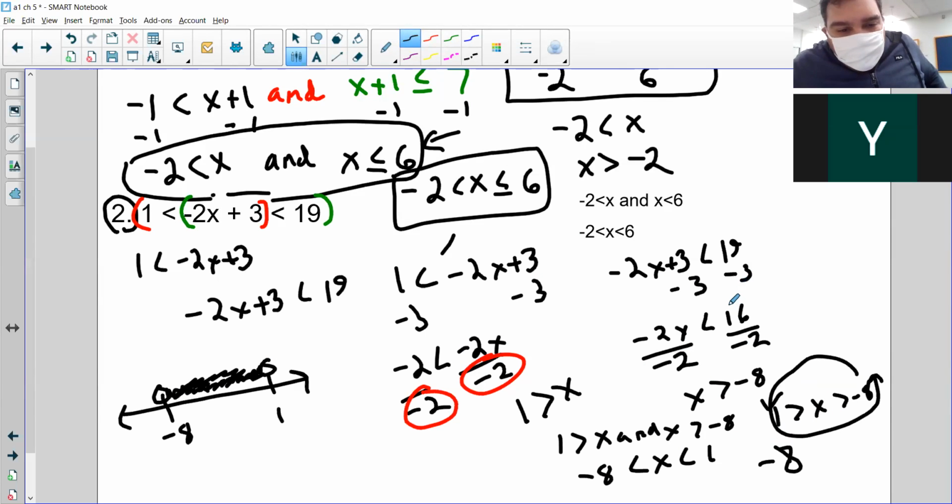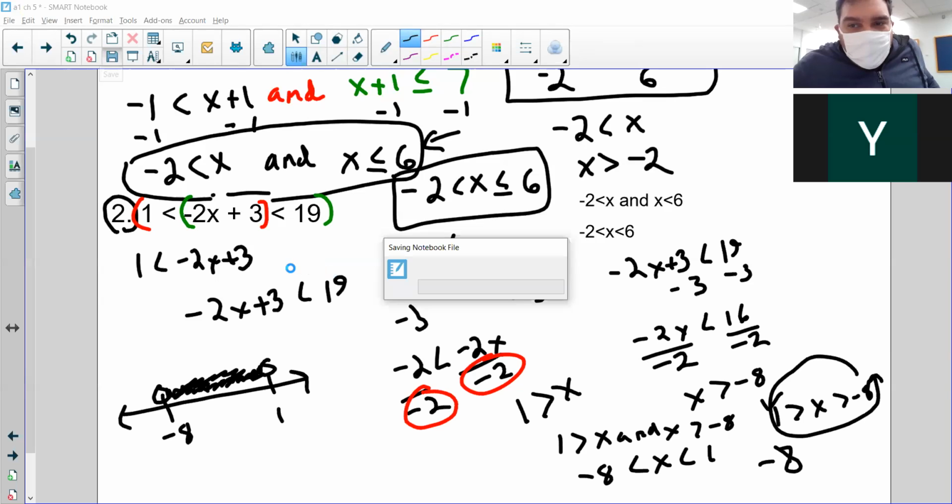Only on an or statement can you have it where they don't meet up, where they go opposite ways? Or can you also have an and statement where they both go opposite? No, only an or statement, because an and statement both have to be true at the same time. So or is the only time where they could go opposite sides. So if I get opposite directions on an and statement, I know I'm wrong, right?